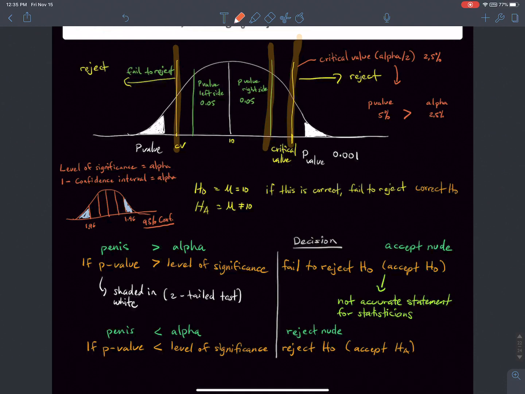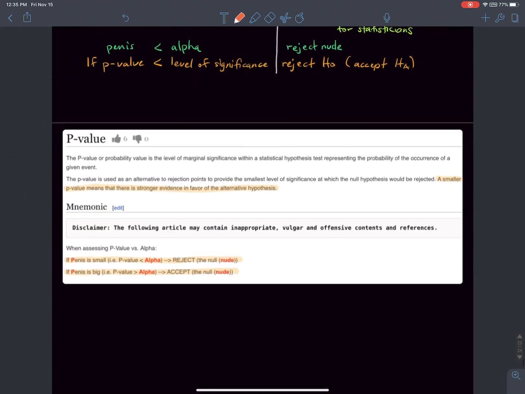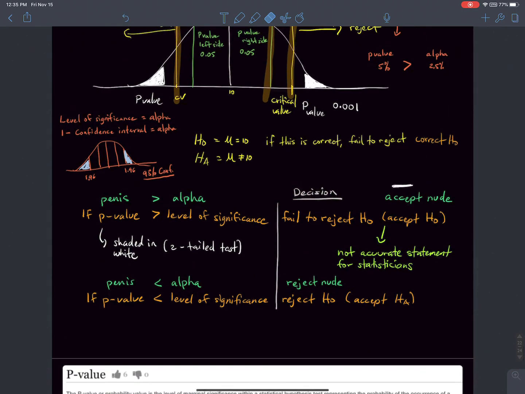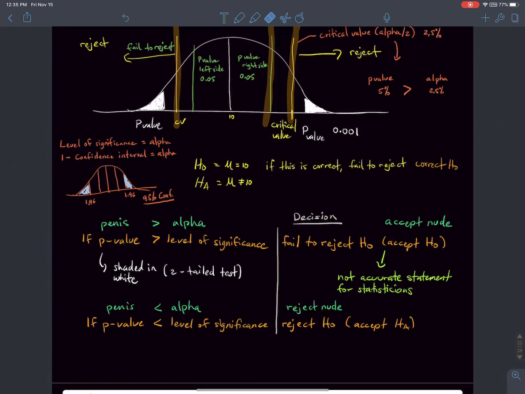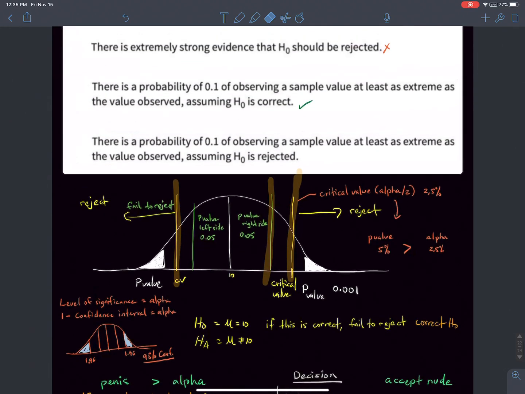So if p-value is greater than the alpha, you have to accept the null hypothesis. Accepting the null hypothesis, or not, means fail to reject, right? If it's fail to reject your null hypothesis, you are saying that the null hypothesis is true.